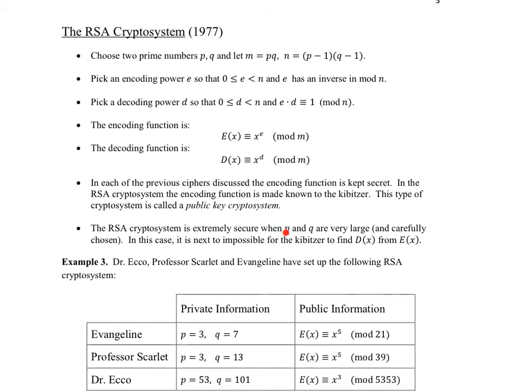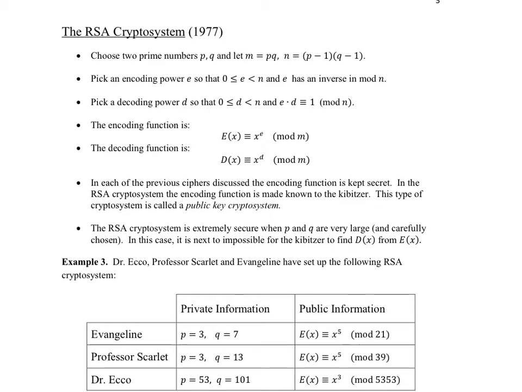As long as we correctly choose the P and the Q, they do have to be large enough and carefully chosen. You don't want twin primes, for example. You don't want these P and Qs to be chosen very close together to each other. But in general, you pick two random big prime numbers, and most of the time you're going to have a very secure public key cryptosystem set up.